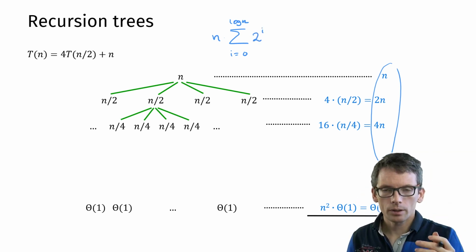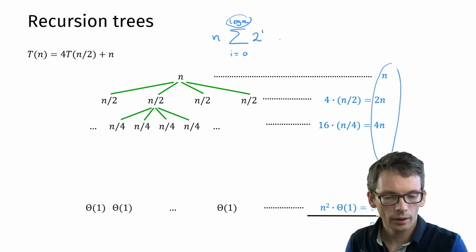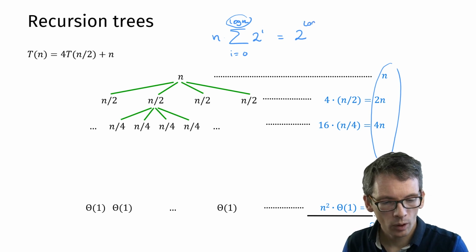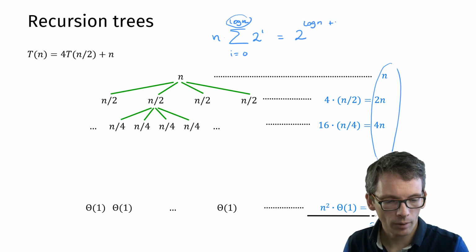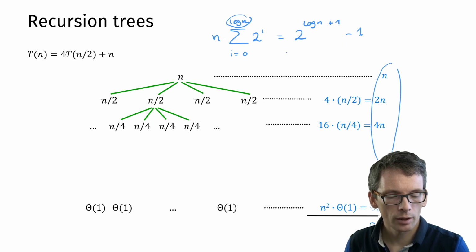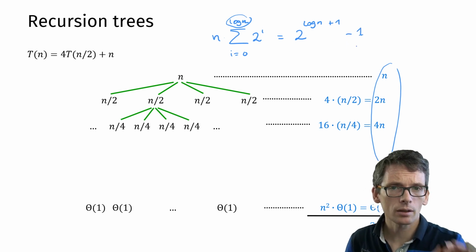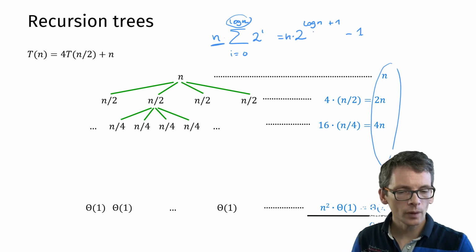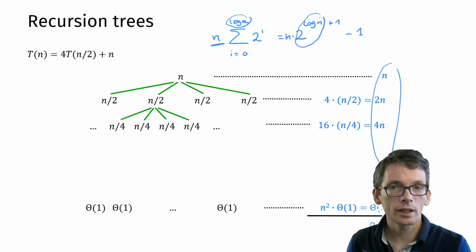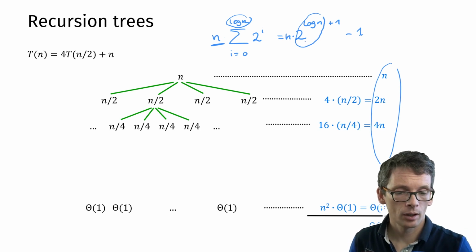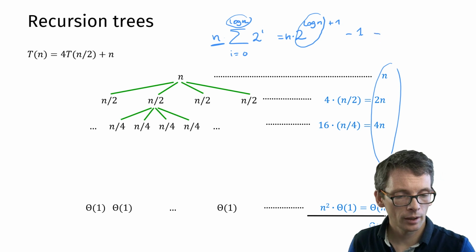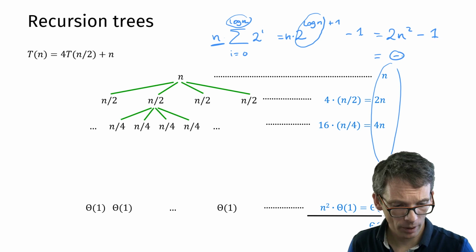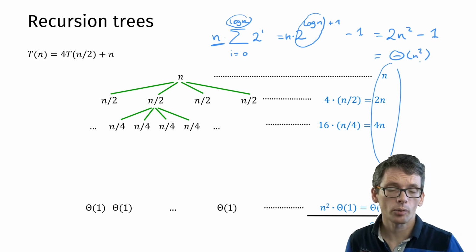This geometric series, if we go up to log n, gives us 2 to the log n plus 1, minus 1, divided by 2 minus 1, which is 1. So this is what it evaluates to. Of course we have this factor n still. Now this 2 to the log n is simply n. 2 to the 1 is 2, so we get 2n squared minus n. So this geometric series has indeed quadratic growth rate.